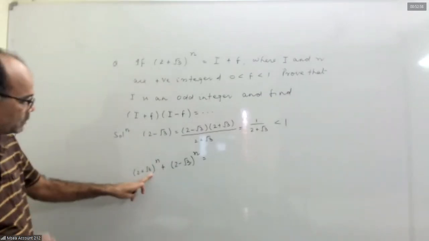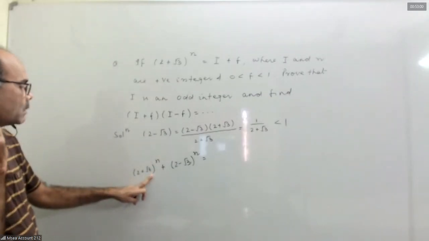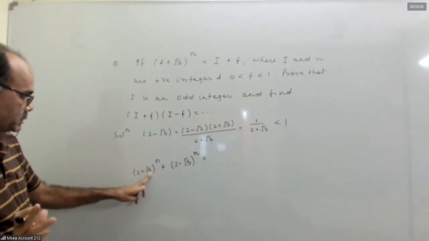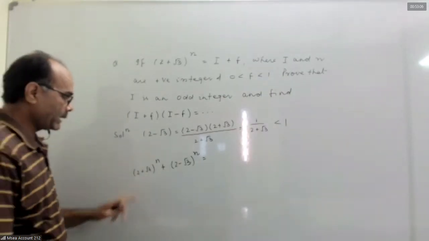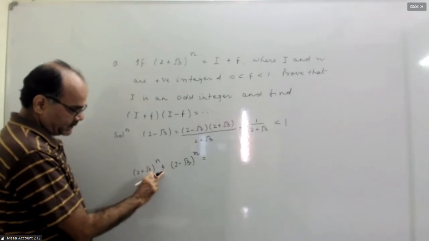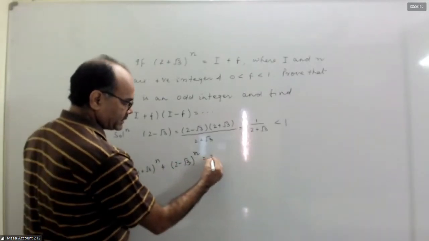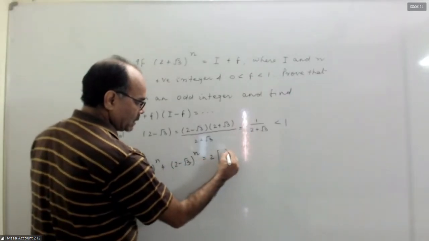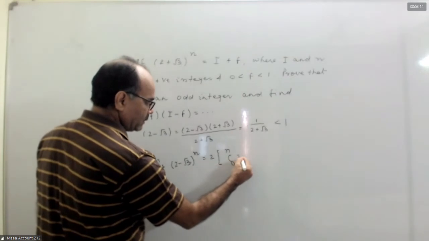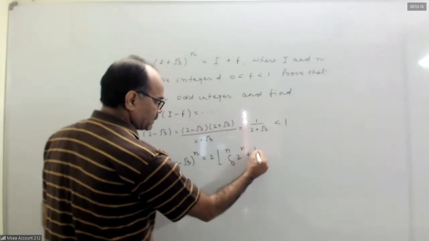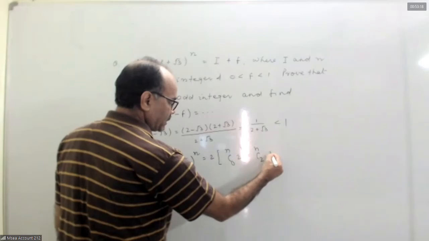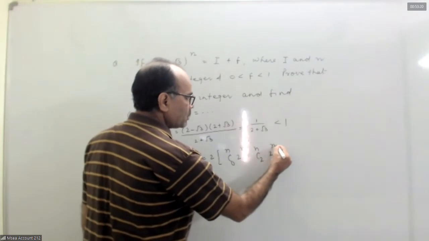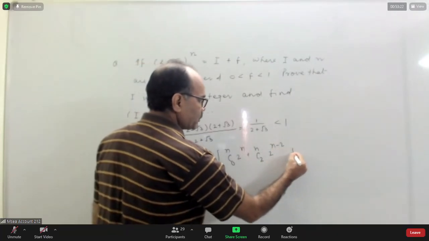Root 3 to the power should be even, so here we have to put a plus sign. The first term will be added: nC0 2 to the power n plus nC2 2 to the power n minus 2 into root 3 whole square.